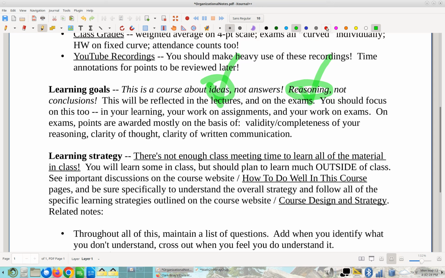So a lot of students make the mistake of thinking, hey, if I get the right answer at the bottom of the page, then I'm good to go, and however I get there, who cares? Not so. If your reasoning doesn't make sense, then it doesn't really matter what you concluded.